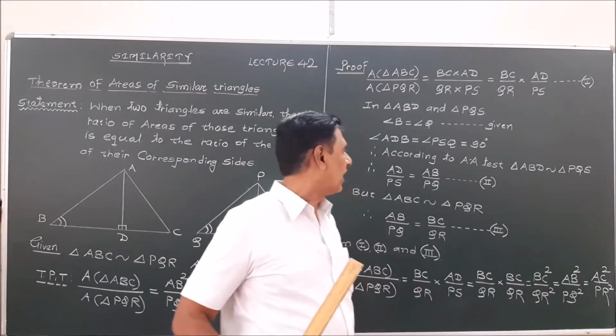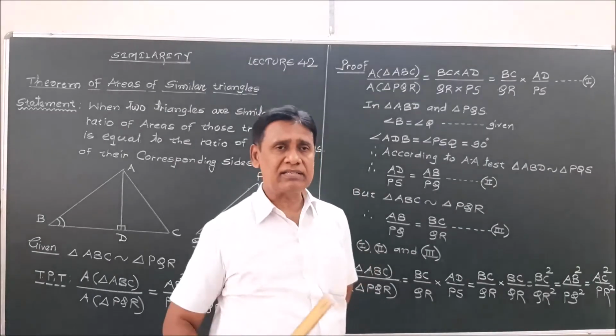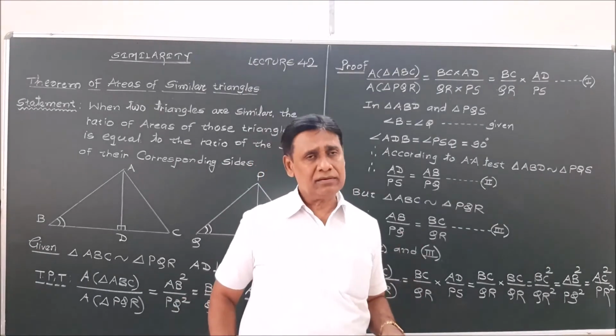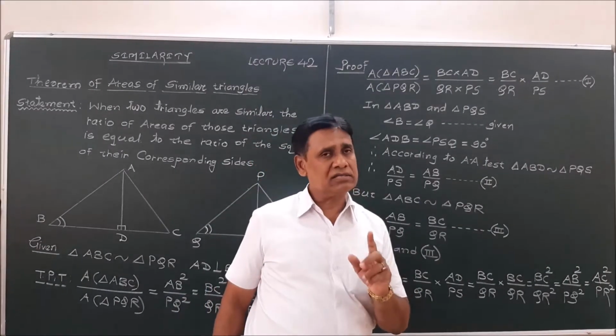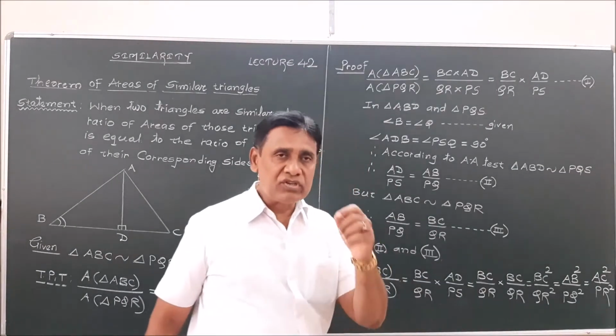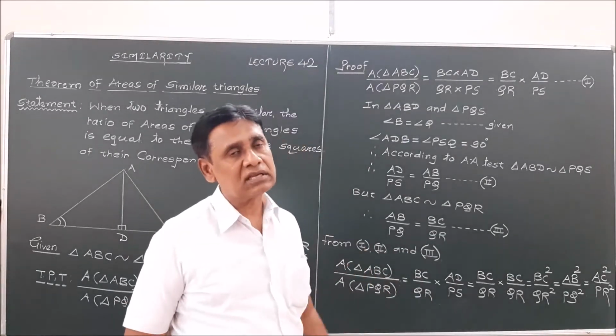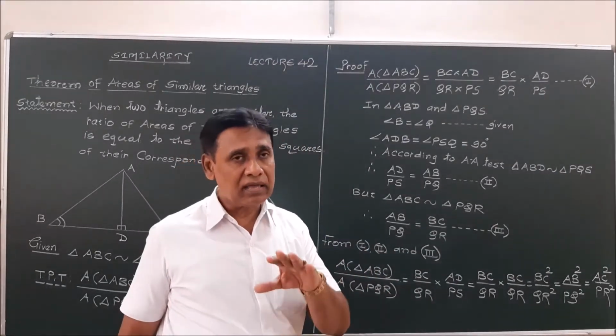And therefore, according to the AA test. What does the AA test say? When two angles of one triangle are respectively congruent with two angles of another triangle, then those two triangles are similar by the AA test.